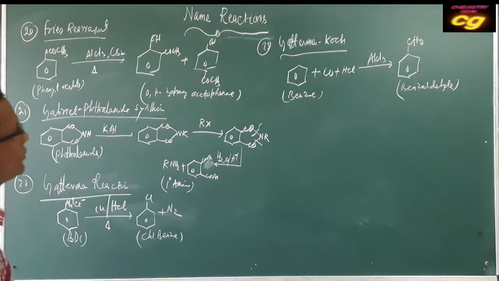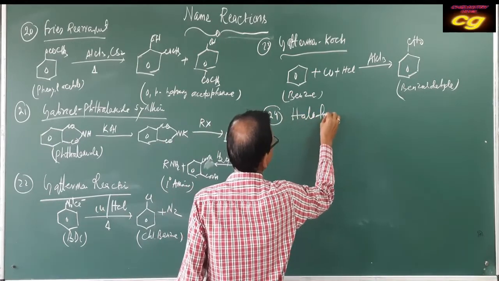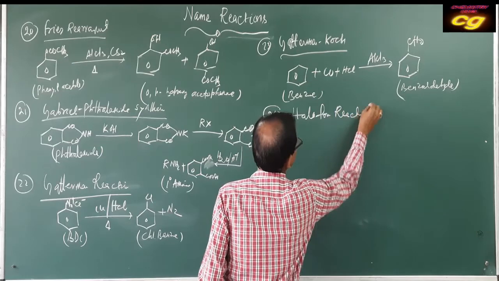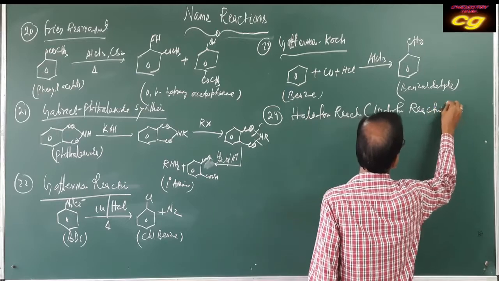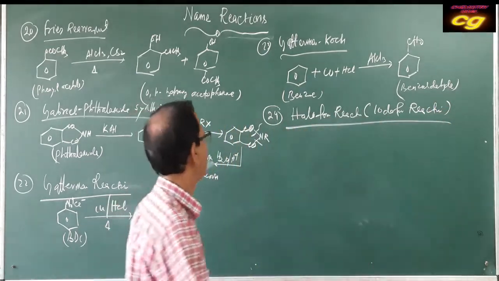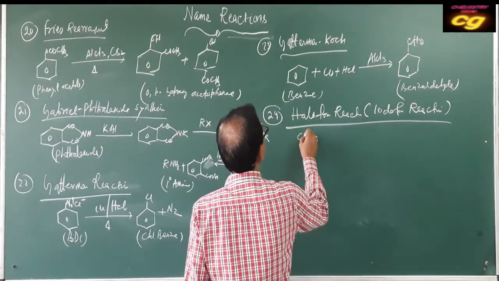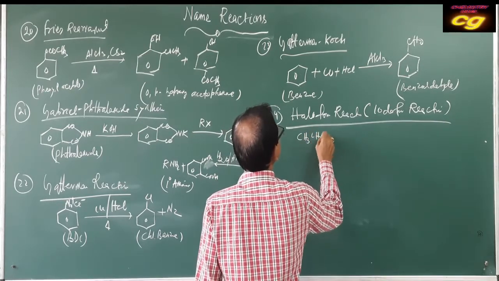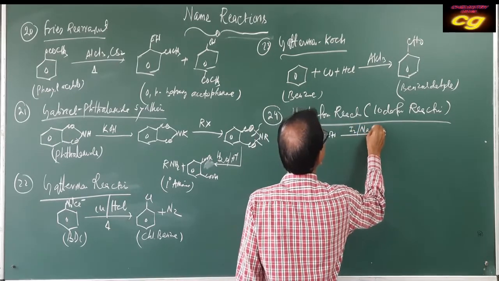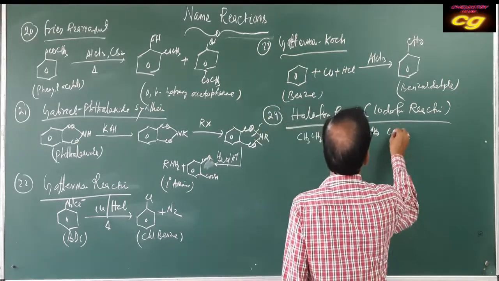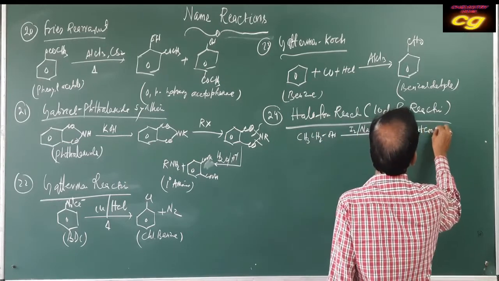Then haloform reaction. Haloform reaction, you can also write iodoform reaction. It can be prepared from any alcohol or aldehyde or ketone. Here if you take alcohol CH3CH2OH in presence of iodine and base, the product will be CHI3, and the remaining one carbon will be formic acid, sodium formate.